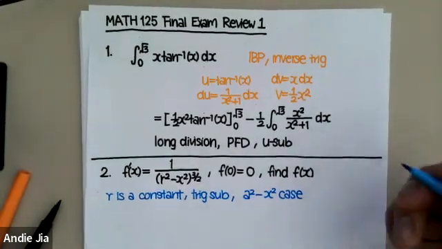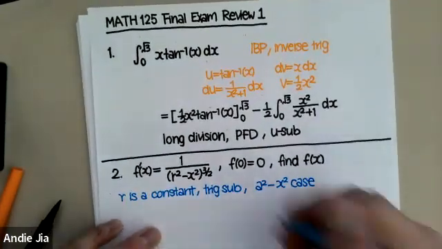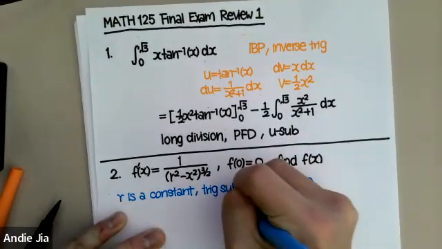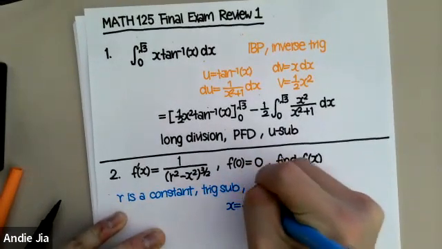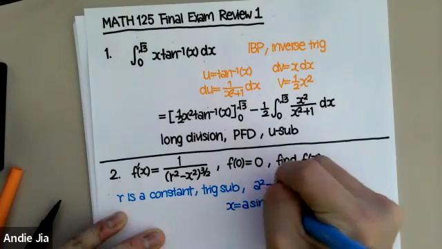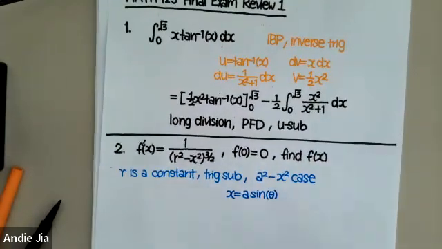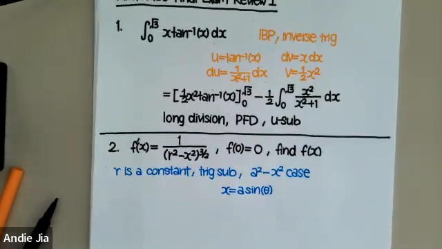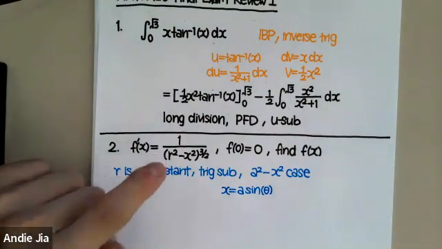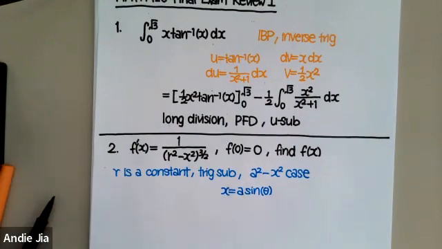So a squared minus x squared, then x equals a sine of theta. And just for this integral, we replace r as an a, and then we do the integration.